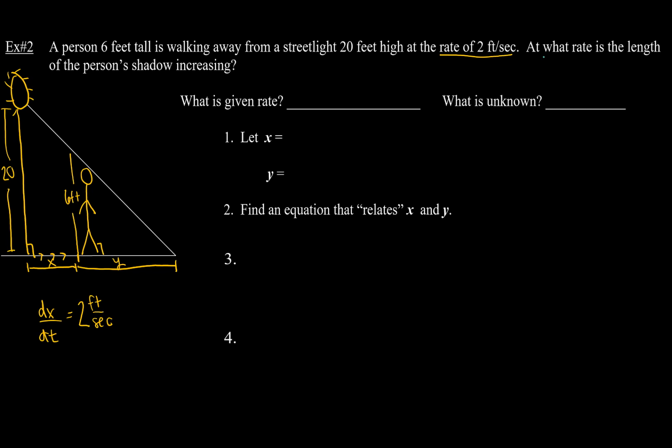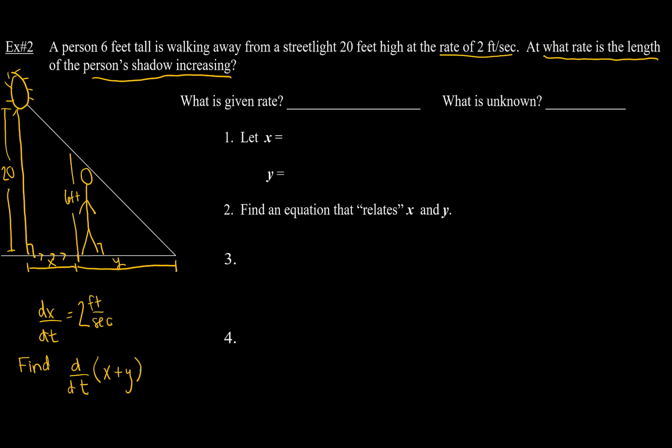Then they want to know at what rate the length of the person's shadow is increasing. So in other words, we're trying to find the length of the shadow. Now, this is kind of a physics thing, but basically what we're trying to find is not dy/dt. We're finding d(x plus y)/dt.